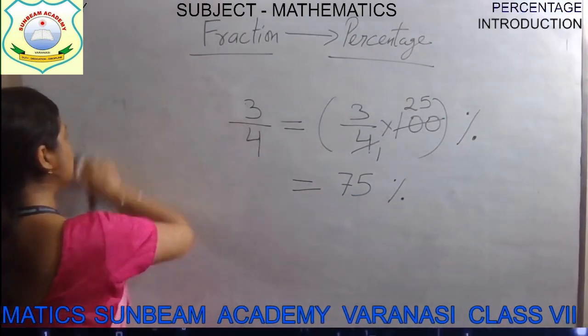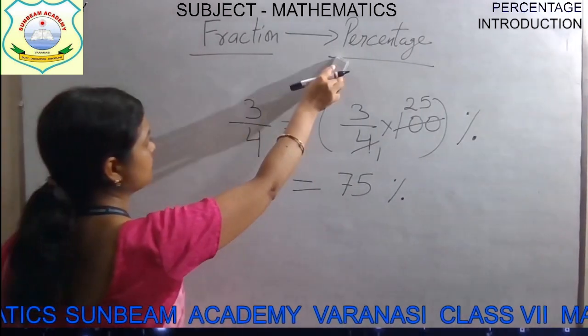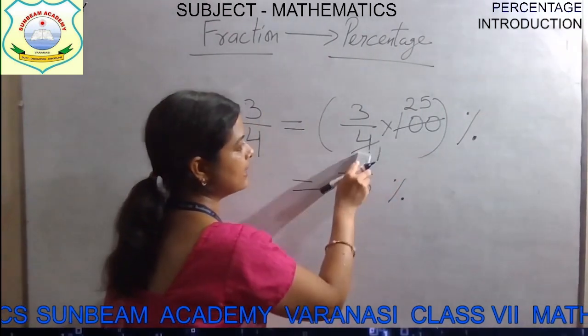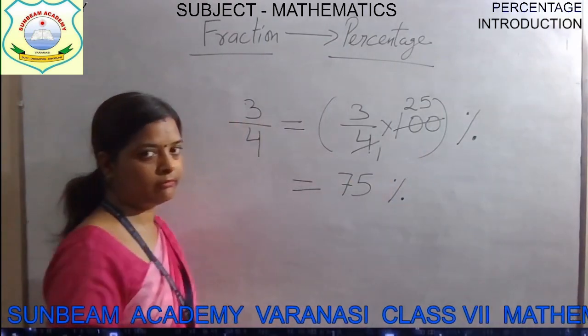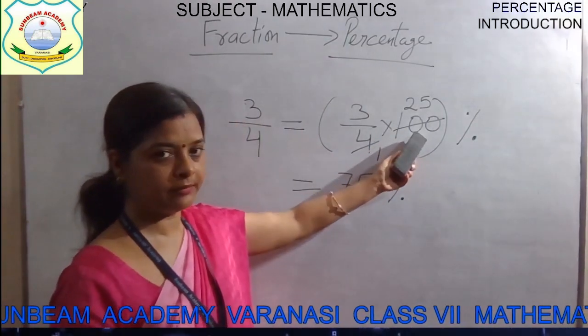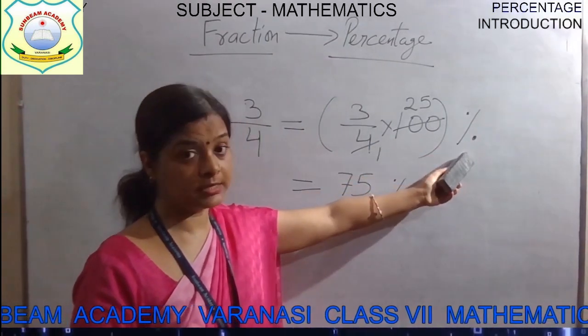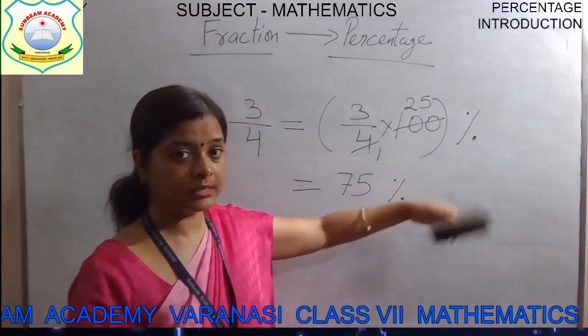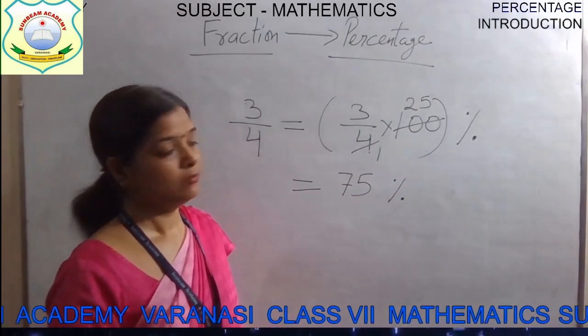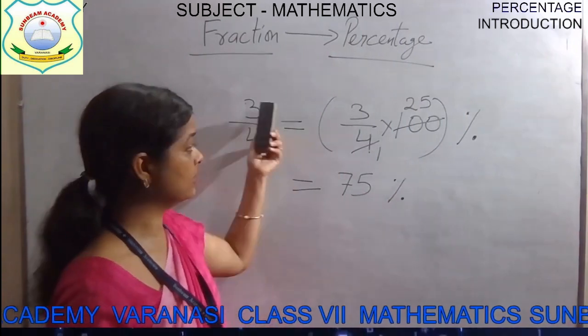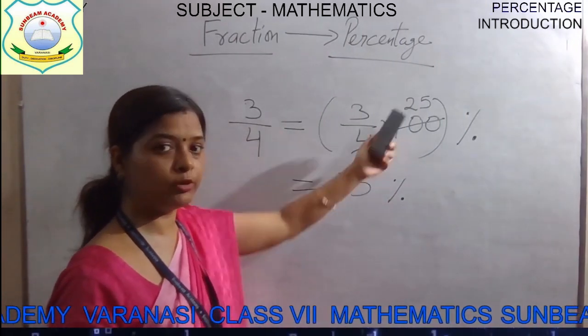How will we convert a fraction to percentage? We will multiply that fraction with 100, and we will put this percentage sign. If you do not put the percentage sign, then your answer will be wrong, children, because just now I have shown you that 3 by 4 is not equal to 3 by 4 into 100.